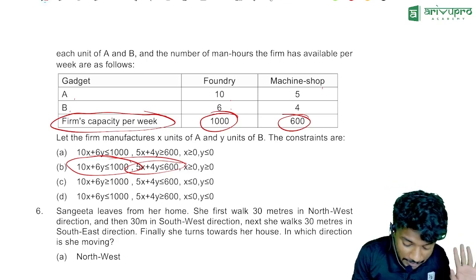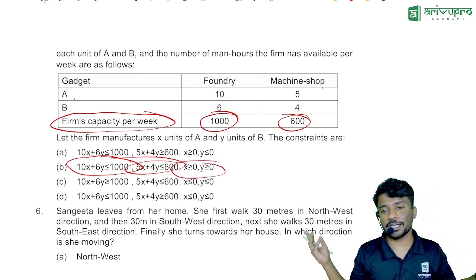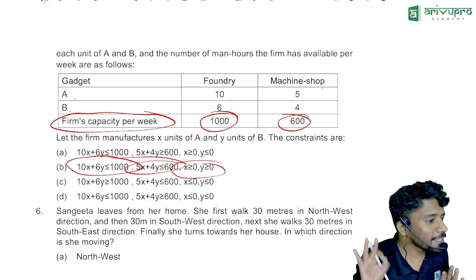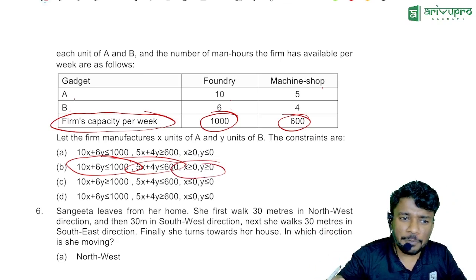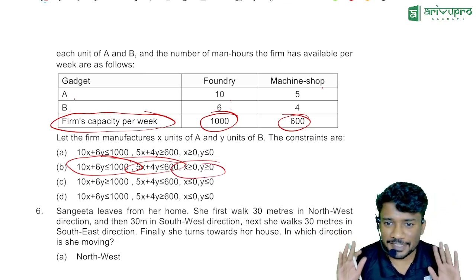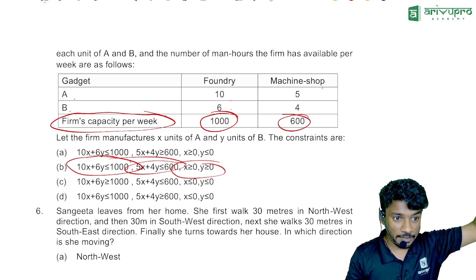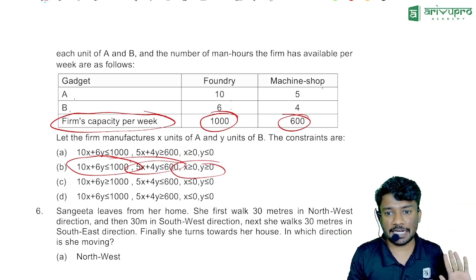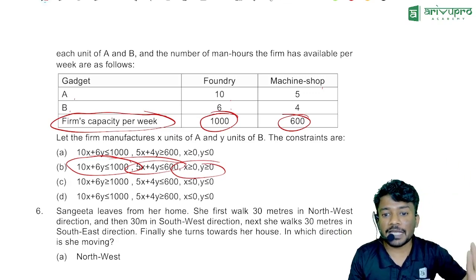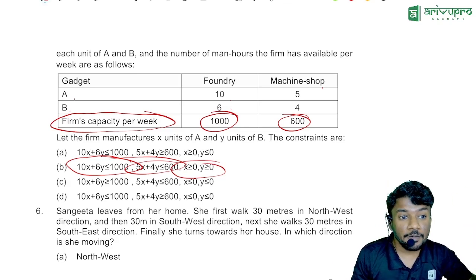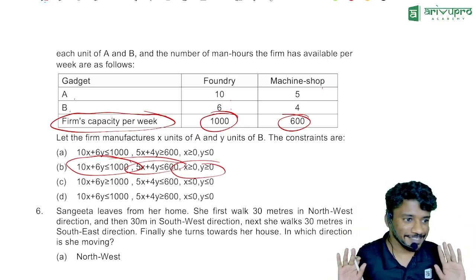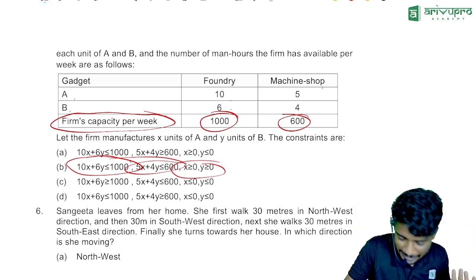And always x and y should be greater than or equal to 0. Did I read the question? No. In the exam hall also, we won't be reading the question. If time is the case, it should always be less than. If capacity is the case, it should be less than. If work is the case, more than. Yes. Next question.